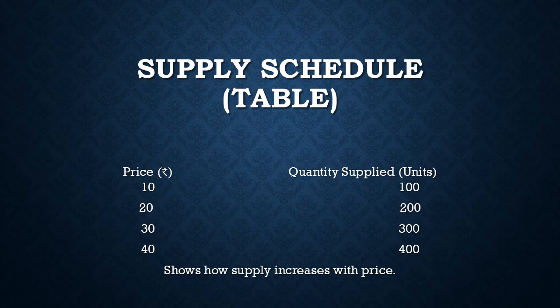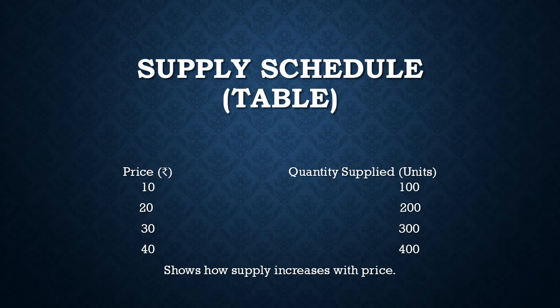When price is 30, quantity supplied is 300. When price is 40, quantity supplied is 400. What do you observe? As the price increases, the quantity supplied also increases. This supports the law of supply, which says that there is a direct relationship between price and supply.